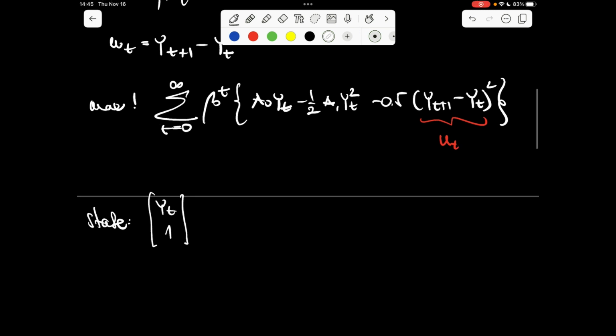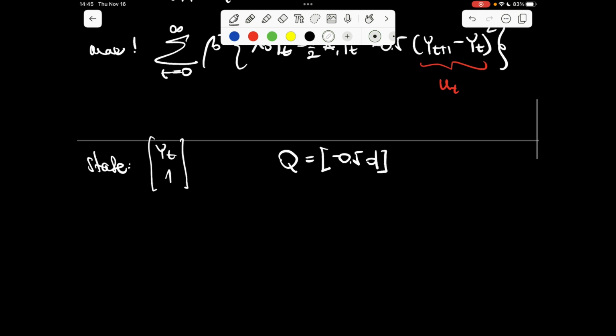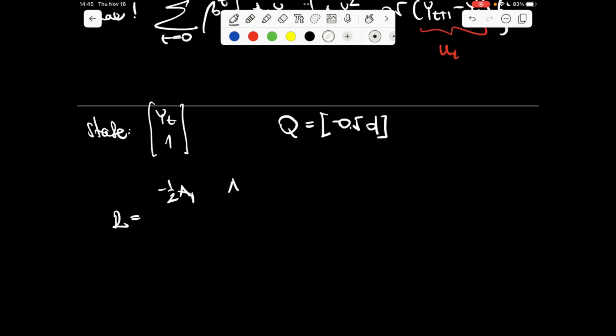It's easy to realize that matrix Q is this 1, 1 matrix, or R is also simple.